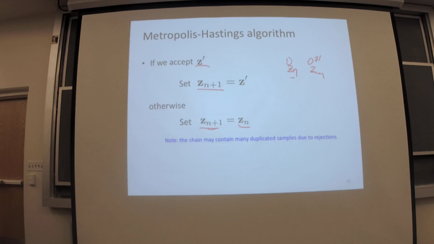Otherwise, I just assign Zn plus 1 to be Zn. That means I duplicate the sample. So the chain may contain many duplicated samples due to the rejections. That's something interesting and worth your notice.